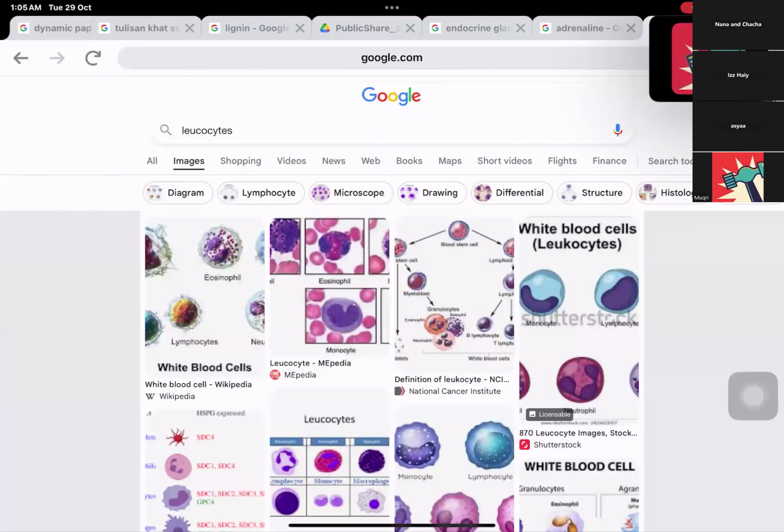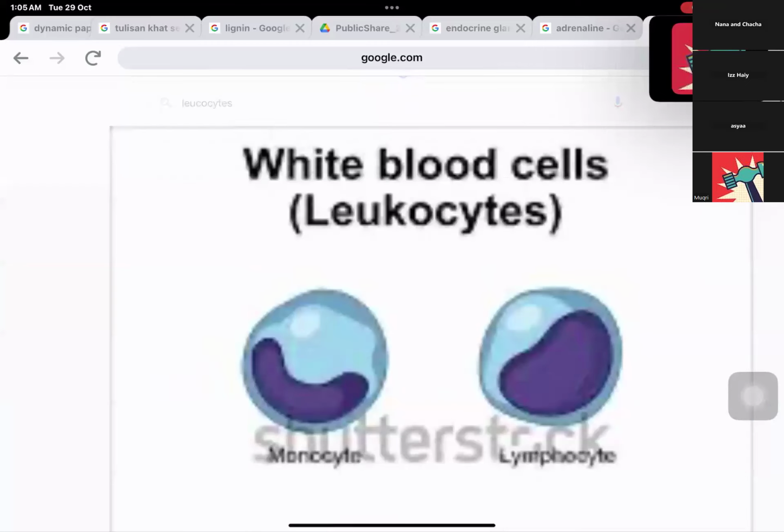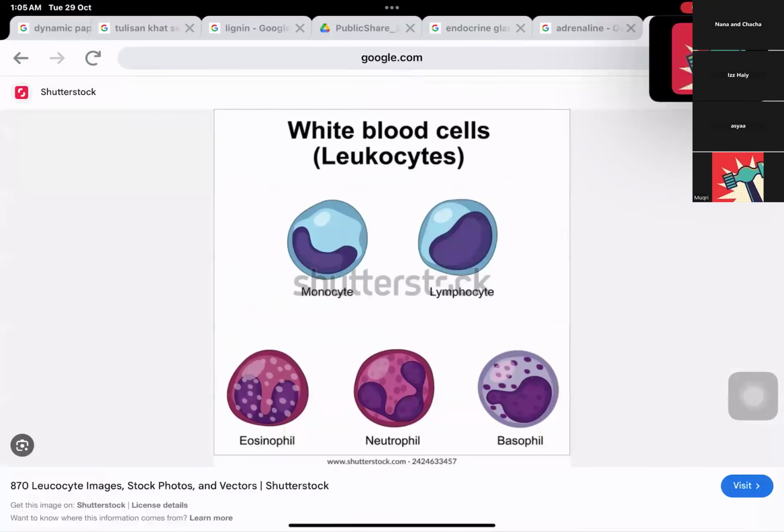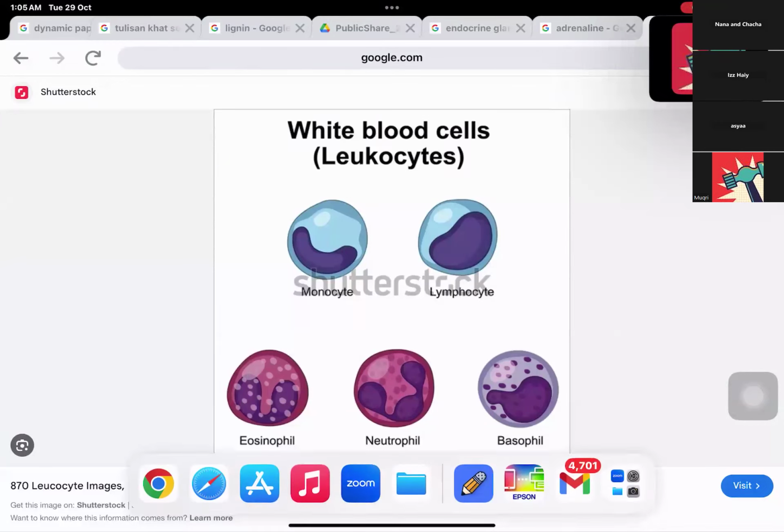The lymphocyte produces antibody, and the phagocyte will do the phagocytosis. So we focus more on IGCSE.